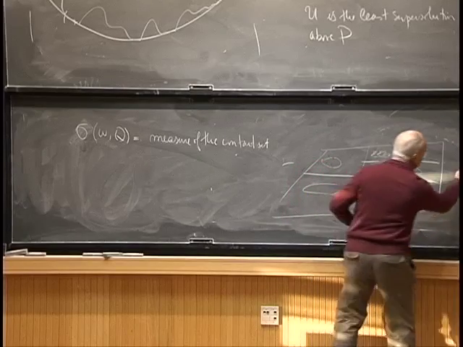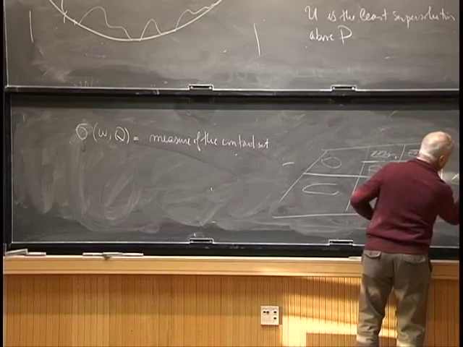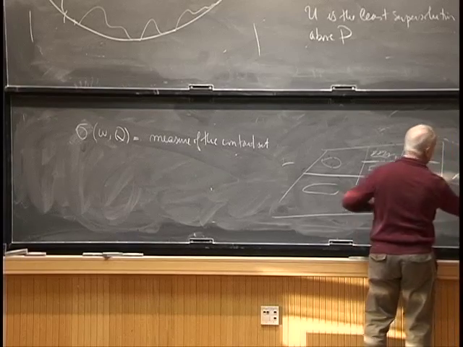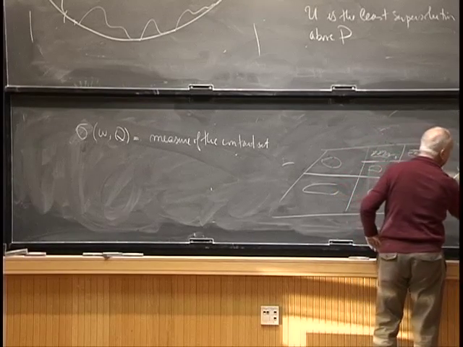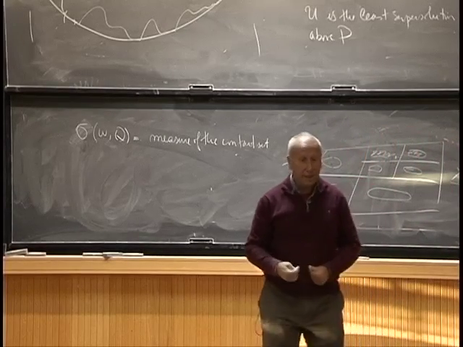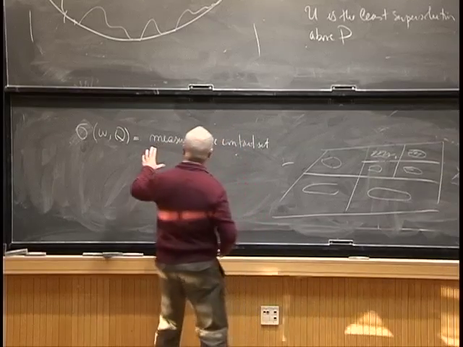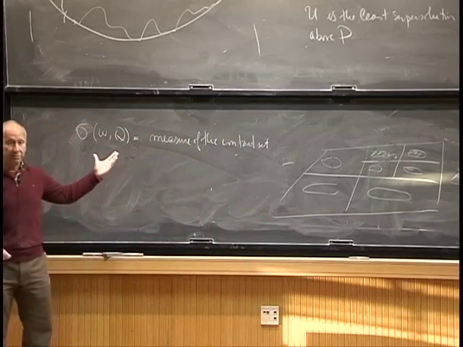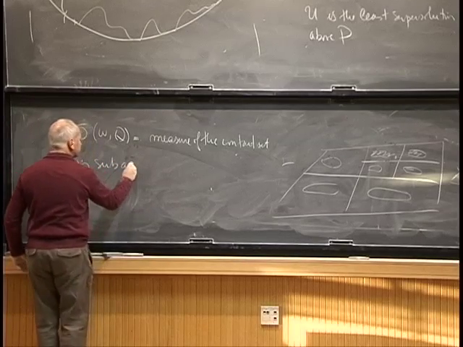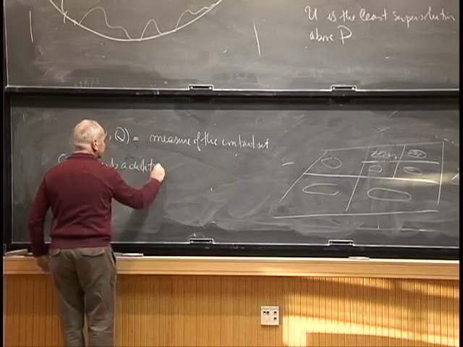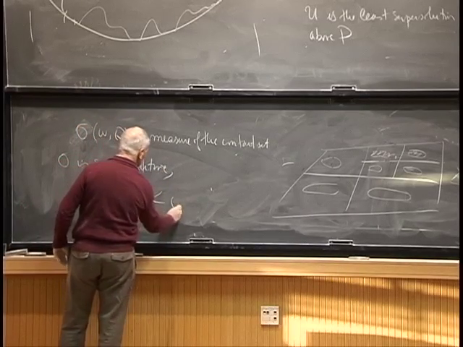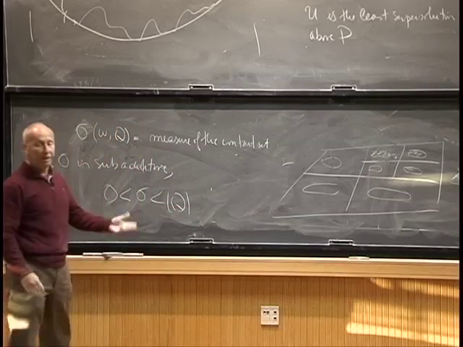So in each one of the cubes, I have the solution of the problem with the polynomial data that touches over here, and I have the other solution which is above this one. So the contact set is smaller. Okay, which means that this quantity is subadditive. So sigma is subadditive, is between 0 and the measure of q, and so sigma over q has a limit.